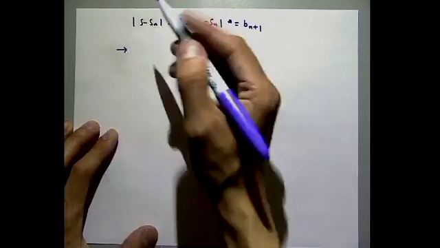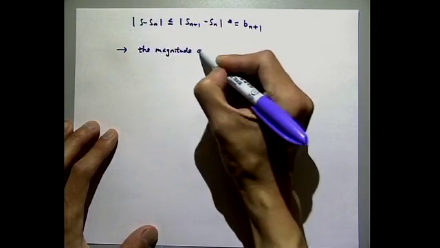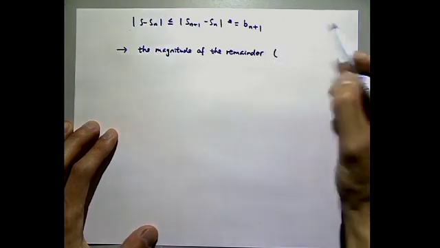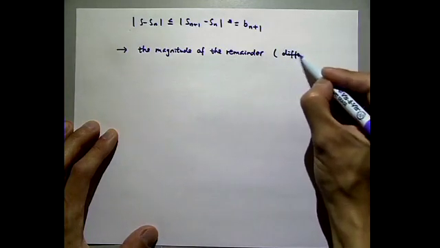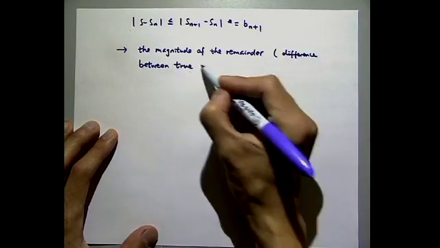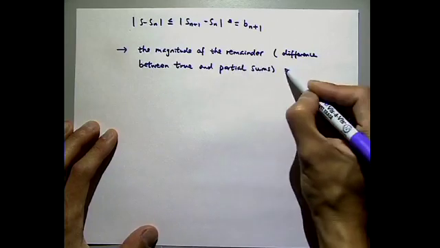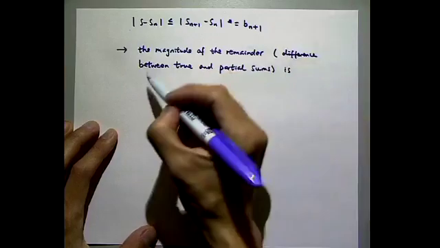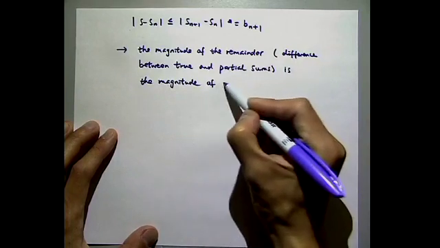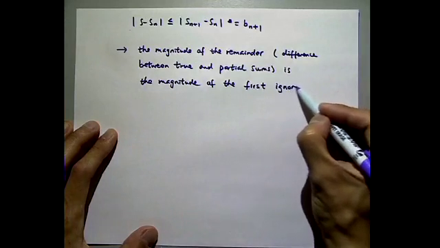This one is saying that the magnitude of the remainder, or in other words, the difference between the true and partial sums, is the magnitude of the first ignored term.